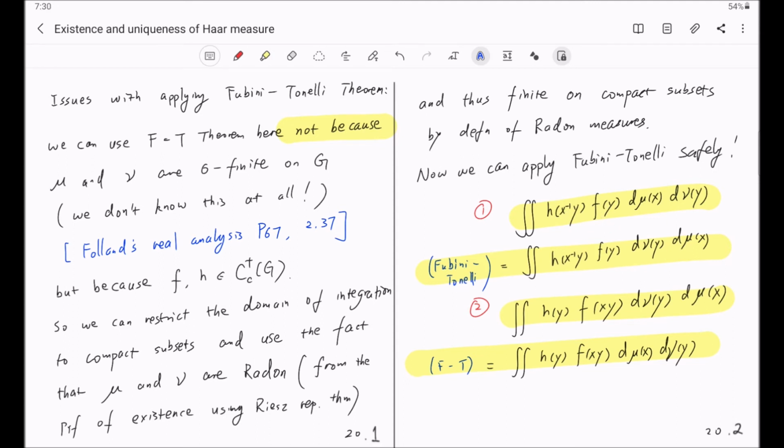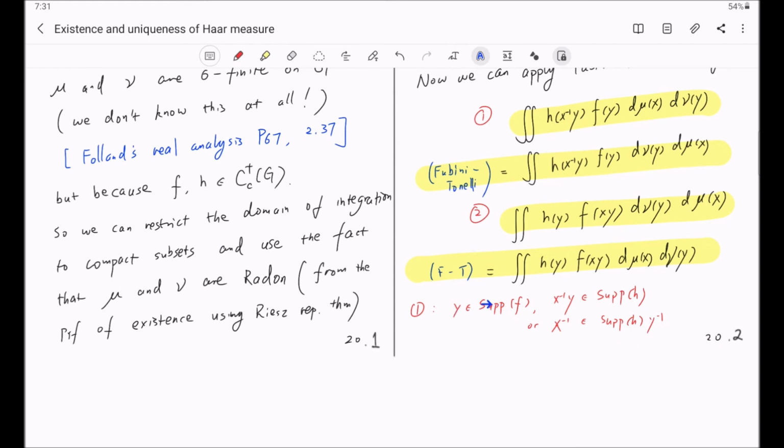So y can only take values in a compact set which is the support of F, and x inverse y must be in the support of H. Or in other words, x inverse must be in the support of H times y inverse.